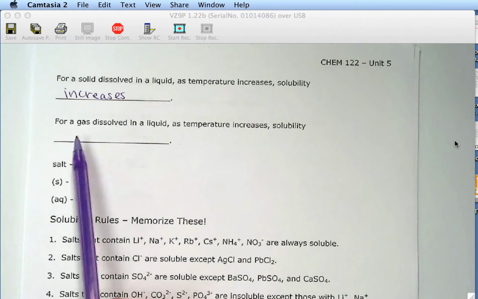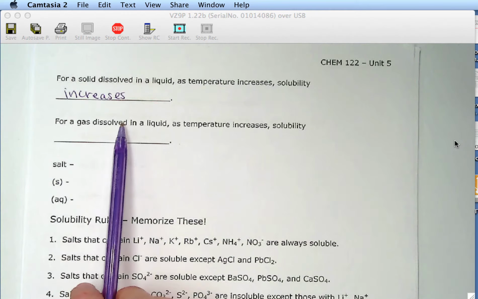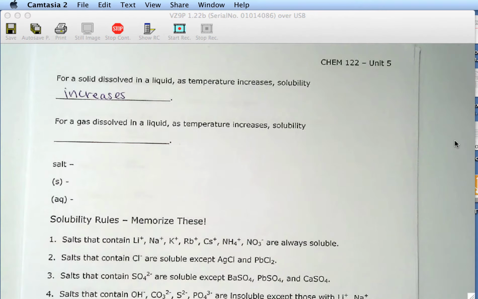Now, for a gas dissolved in a liquid, think about the substances that we have that are gases dissolved in liquids. What would those be? The one thing I always think of is soda, because the carbonation, that's gas, CO2 dissolved in liquid. That's what gives it that fizzy feeling.